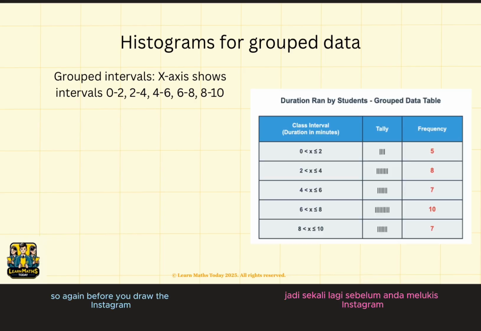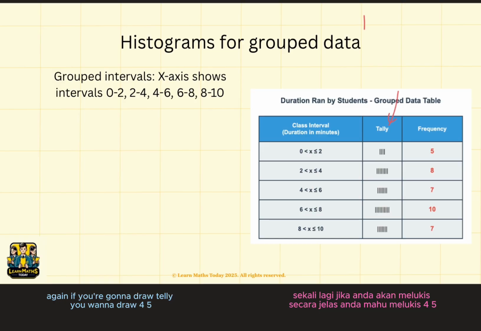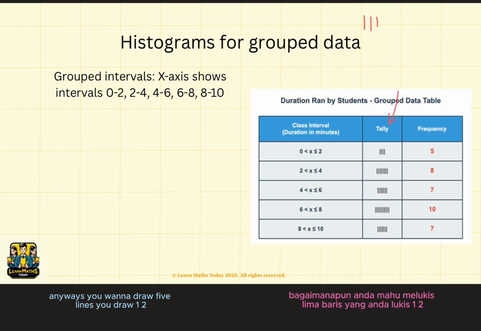So again, before you draw the histogram, always draw your tally table. Again, I do not really like this tally because it is not very accurate in line with the syllabus. If you're going to draw a tally, for 5 you draw 1, 2, 3, 4 lines and a dash across.